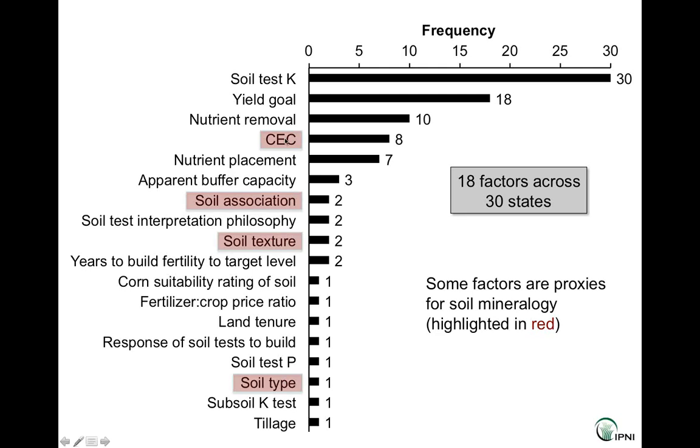So in general, in the U.S., we know that soil mineralogy is important, but it is very difficult, and we'll see why, it is very difficult to incorporate it well and completely into the recommendations that we make.